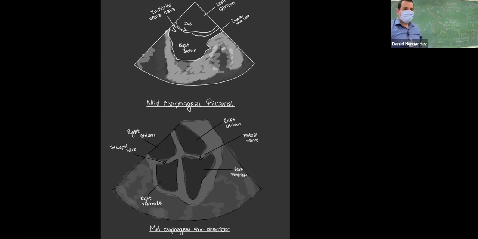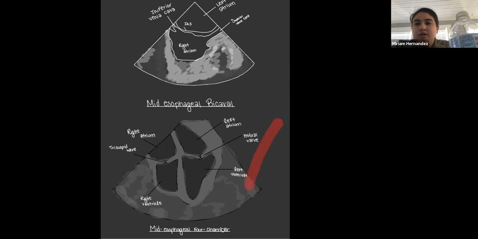Okay. And then, oops, I didn't mean to do that. So then we have the mid-esophageal four-chamber view, which looks like the apical four-chamber view. The right atrium is visualized, the tricuspid valve, the right ventricle, the left atrium, the mitral valve.